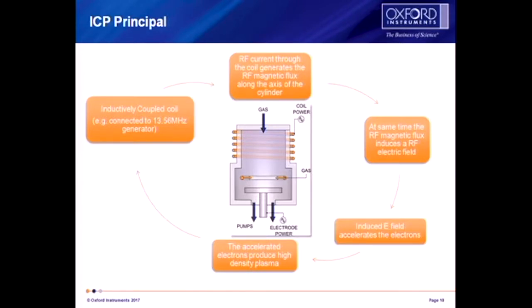With the previous system, you have two parallel plates, and you apply RF to the top of the plate, and you get a capacitively coupled plasma. However, with this system, we instead have a helical coil that surrounds the top of the chamber, and you flow a time-varying current through this, which induces a time-varying magnetic field, which then induces electric currents within the gas, and this is how you strike and sustain the plasma.